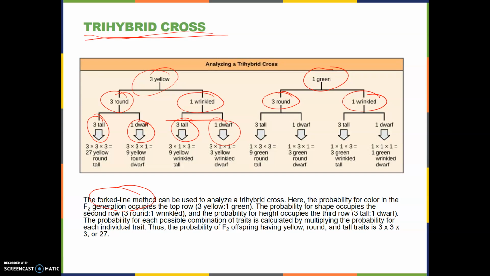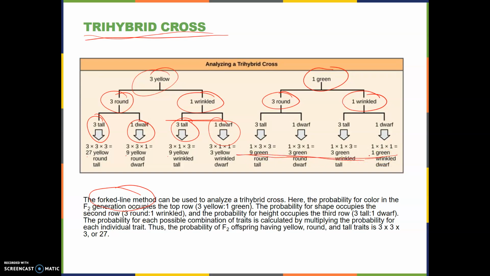It shows you here the probabilities out of a total of, you'd have to add these numbers up, 27 plus 9 plus 9 plus 3 plus 9 plus 3 plus 3 plus 1. We know 9, 3, 3, and 1 is 16.